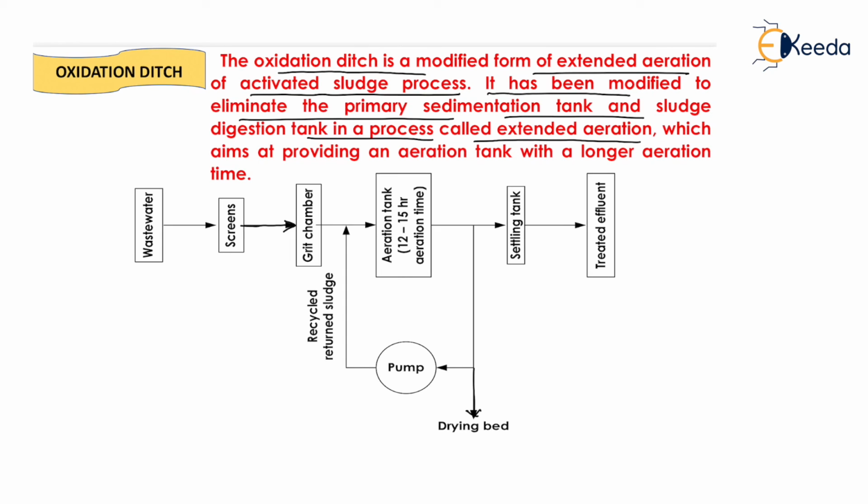We will directly send the sludge to the drying bed. This method is known as the oxidation ditch, also called extended aeration, extended activated sludge process or modified activated sludge process. Here a longer aeration period is provided for the complete decomposition of organic matter. Clear to all?